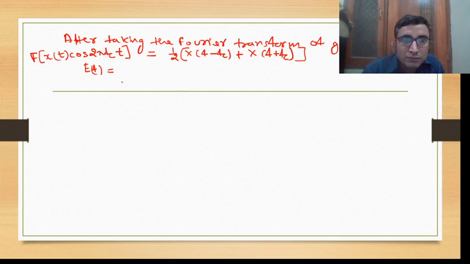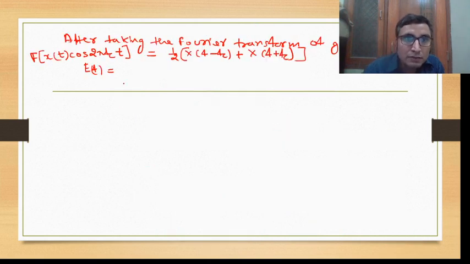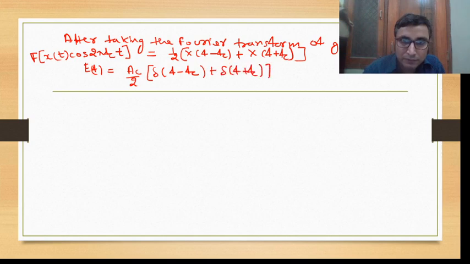So the Fourier transform of this equation, the first component is Ac cos 2 pi fct, which gives Ac by 2 into del of (f minus fc) plus del of (f plus fc). Similarly, for the lower sideband, Ma Ac by 4 del of (f minus fc minus fm) plus del of (f plus fc minus fm).